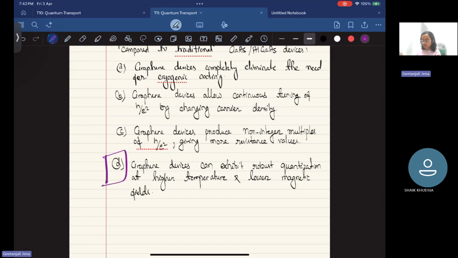They are quite robust, and the plateaus are well extended over a wide range of magnetic field. So graphene devices can exhibit robust quantization at high temperature and low magnetic field. This is the main reason why we use graphene as a resistance standard instead of the bulk gallium arsenide or aluminum gallium arsenide.